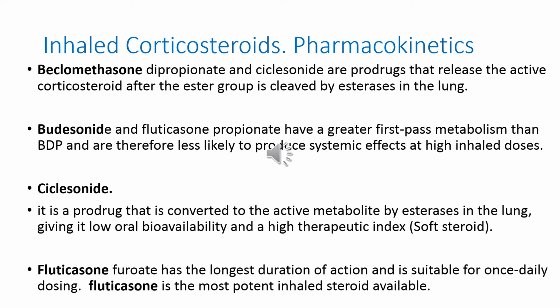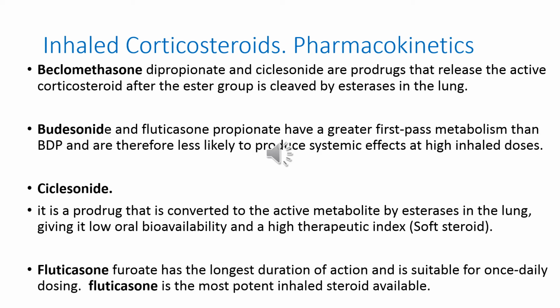Beclomethasone dipropionate and ciclesonide are prodrugs that release the active corticosteroid after the ester group is cleaved by esterases in the lung. Budesonide and fluticasone propionate have greater first-pass metabolism than beclomethasone and are therefore less likely to produce systemic effects at high inhaled doses.